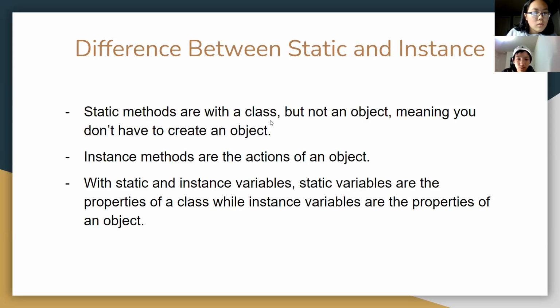So, Example object equals new Example, and then a semicolon. Then we have to use the object's name, let's say object, then a period, and then the instance method name. So that's the difference and an example of how to use them.